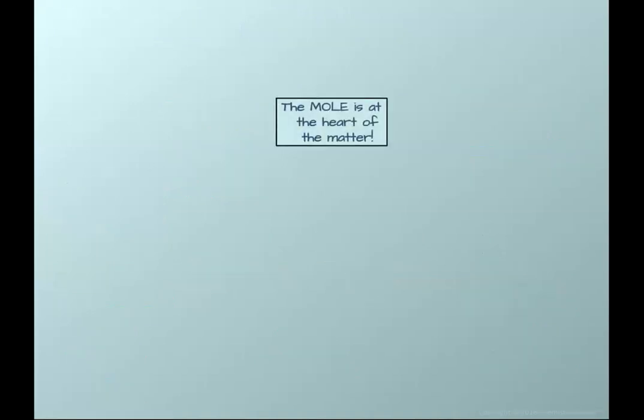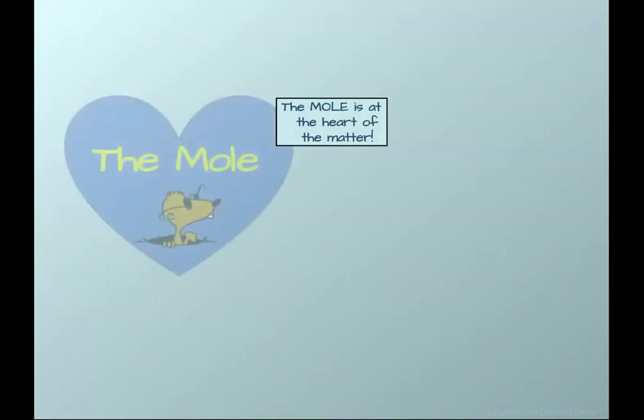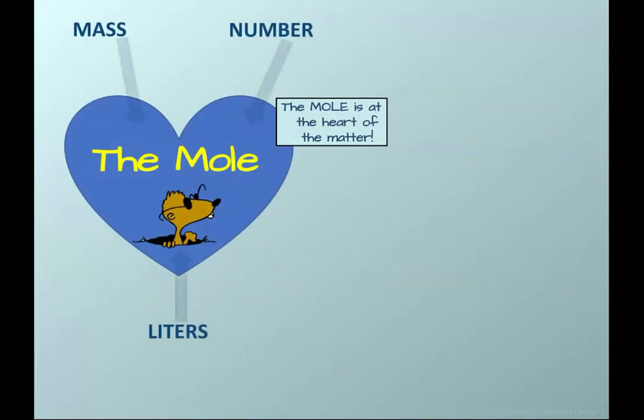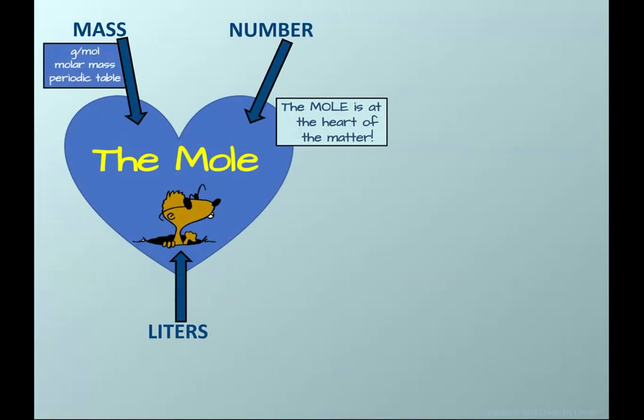The mole, remember this? The mole is at the heart of the matter. We've got mass, we've got number, we've got liters. If it's mass, then you use the periodic table. If it's number, then you use Avogadro's number.